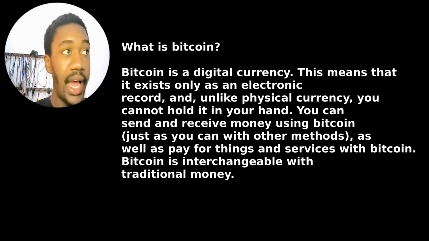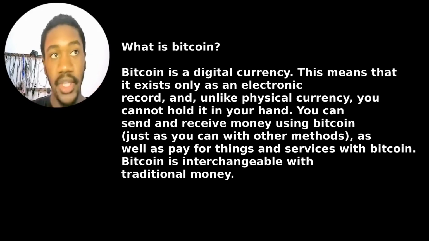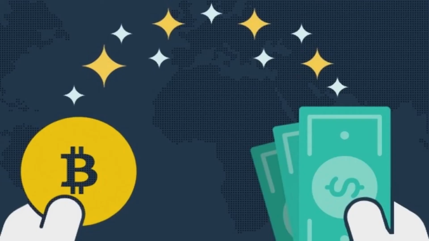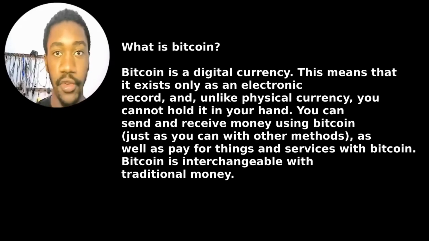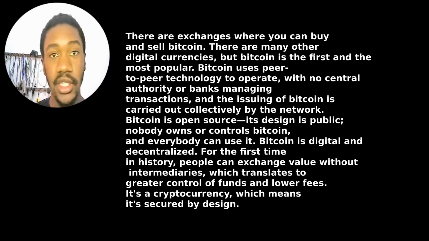You can send and receive money using Bitcoin, just as you can with other methods, as well as pay for things and services with Bitcoin. Bitcoin is interchangeable with traditional money. You can swap your Bitcoin to dollars and dollars to Bitcoin, like you do with any type of currency. There are exchanges where you can buy and sell Bitcoin. There are many other digital currencies, but Bitcoin is the first and the most popular one.